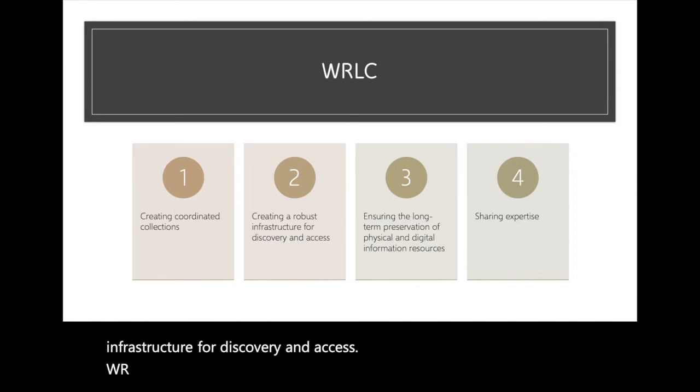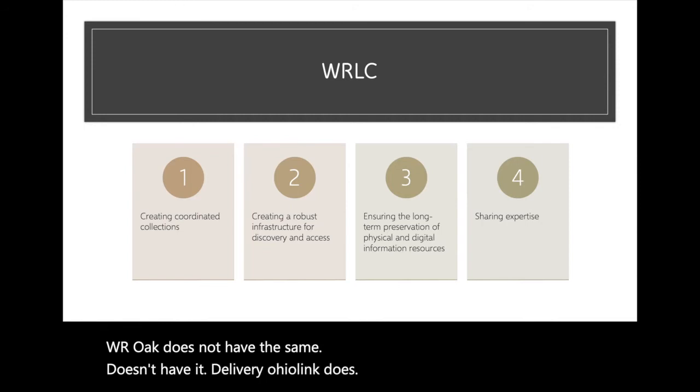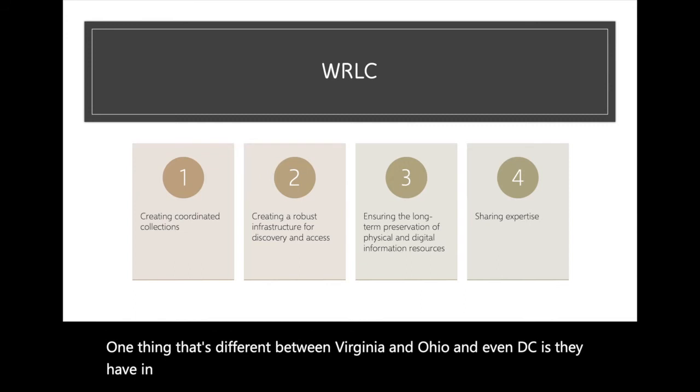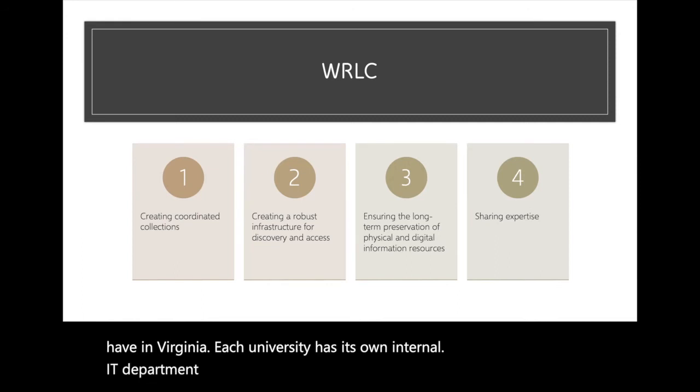WRLC doesn't have IT delivery like OhioLink does. One thing that's different between Virginia and Ohio and even DC is that in Virginia, each university has its own internal IT department. It is very robust.